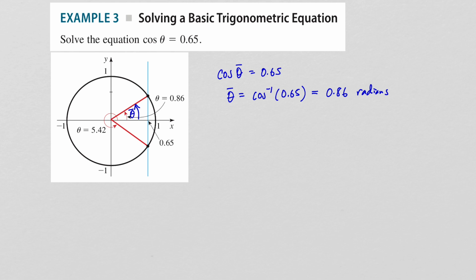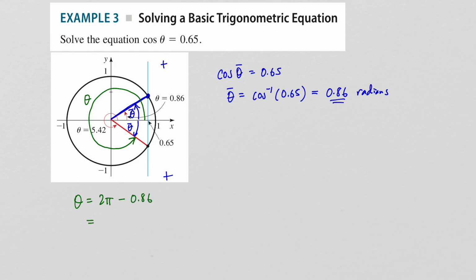Now that's the solution in the first quadrant. We know one solution is in the first quadrant because cosine is positive in the first quadrant, but cosine is also positive in the fourth quadrant. Now this theta bar right here is the same. It is also 0.86. But as a solution to this equation, we need to express that angle theta like this. And so theta is going to be 2 pi minus 0.86.